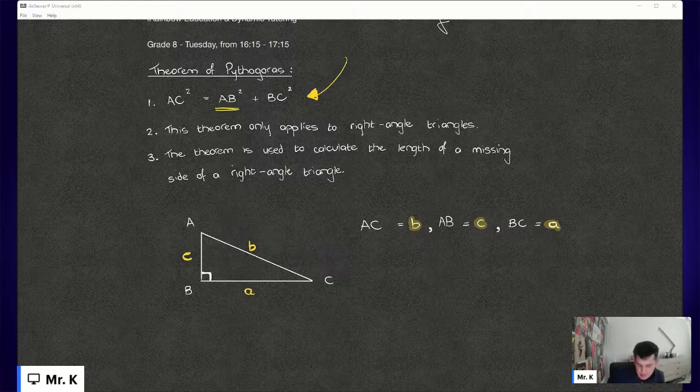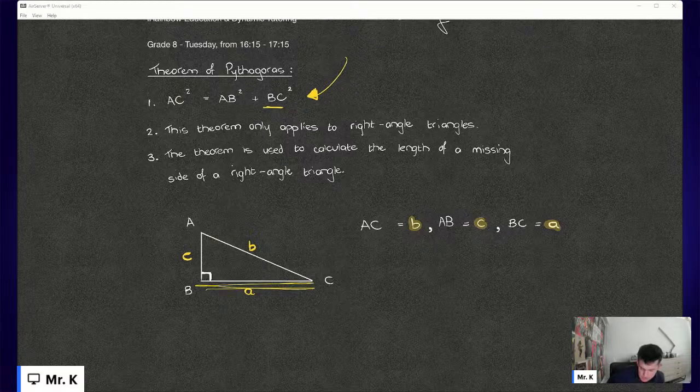Side AB, which we see listed second, is this side over here. And finally, BC would be the base of my triangle running across the bottom.